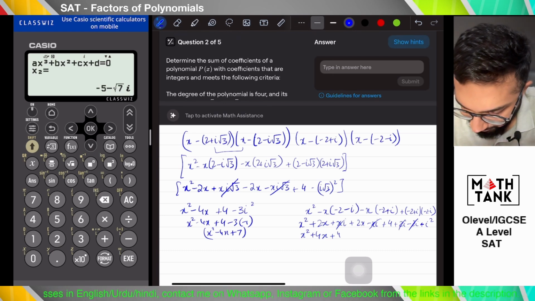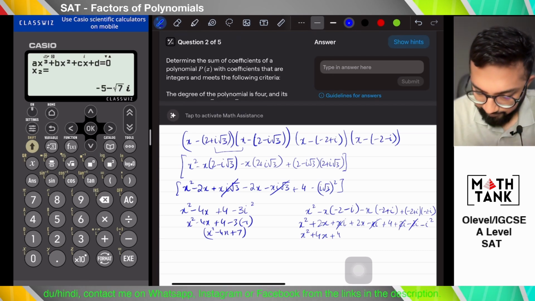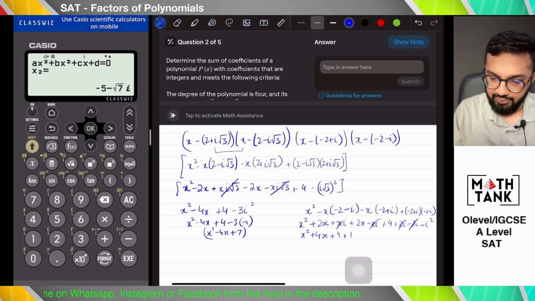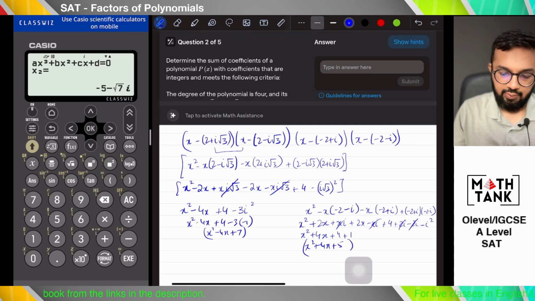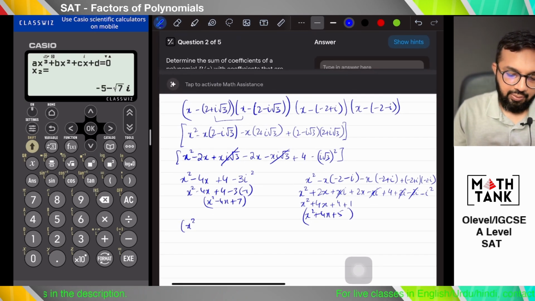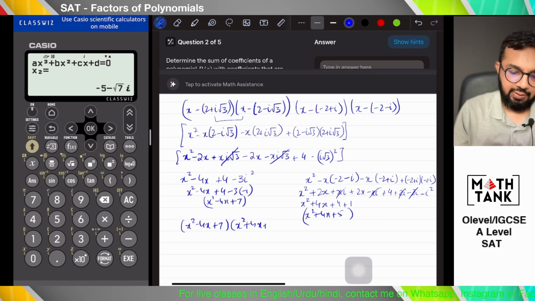So this should be a minus i squared, so plus 4 plus 1. So x squared plus 4x plus 5. Then x squared minus 4x plus 7 and x squared plus 4x plus 5.